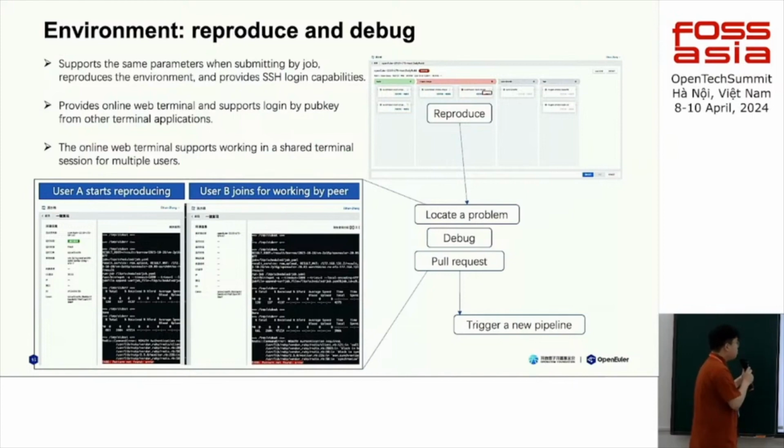Once you click the button, we will provide a web terminal which you could share with your partner to debug in the same web terminal, or you could just use your own terminal application to enter the environment for debugging. And when you finish your debugging and make your pull request, update your Git repo, and the webhook event will trigger a new running record, and it will start a new round of testing.